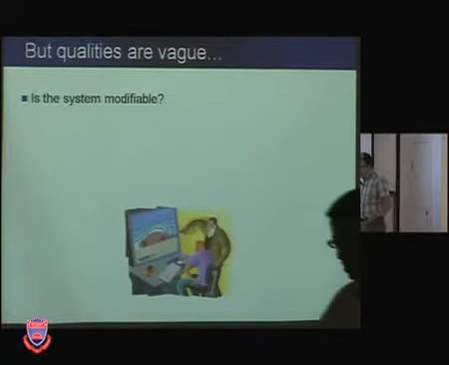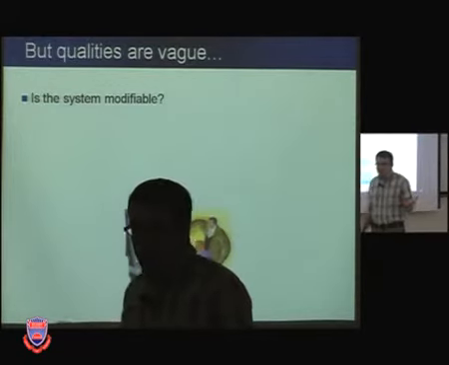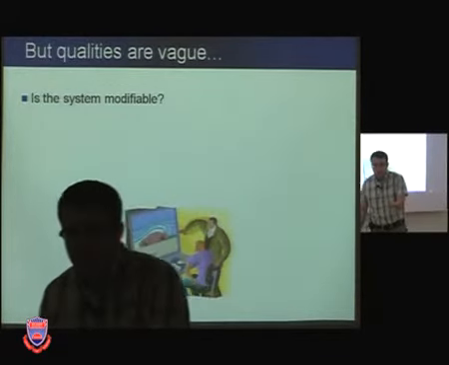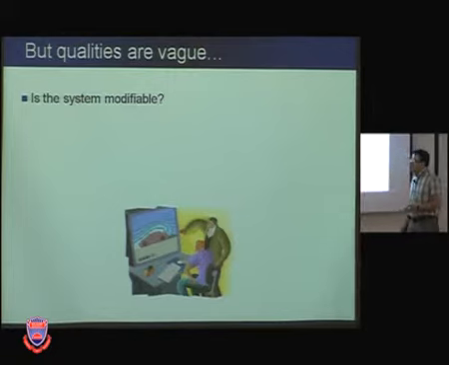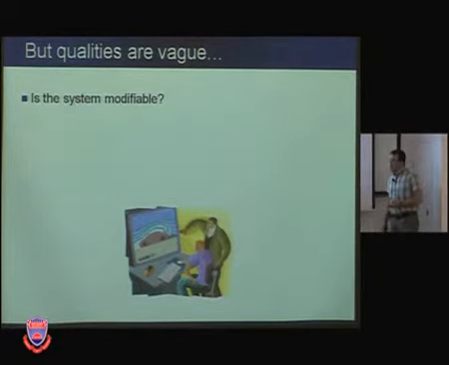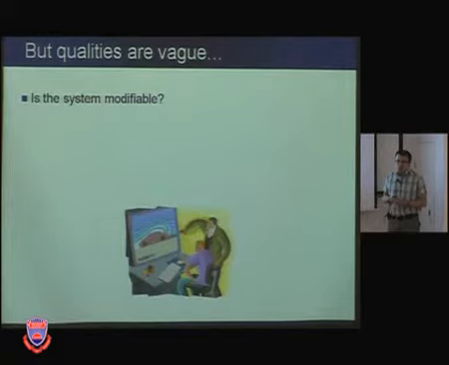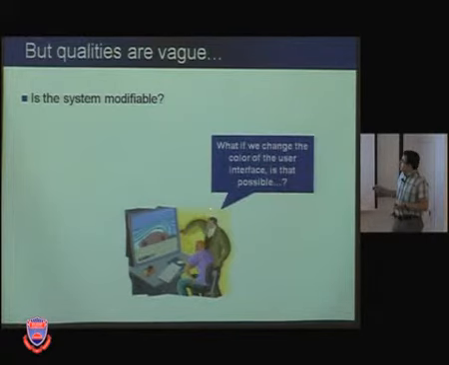So you should identify these stakeholders, and they have quality concerns, but the problem in general is that the quality concerns are vague. This is an example. You could say, for example, is the system modifiable? This question is quite vague. What does it mean? So you should concretize.